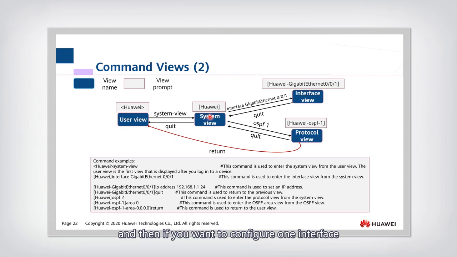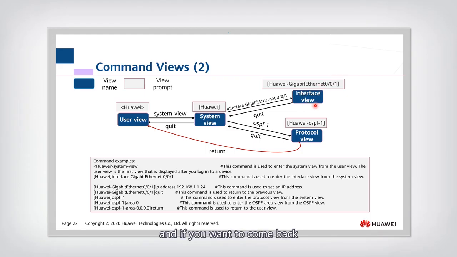If you want to configure one interface, you need to go into the interface view by inputting the interface name. Here, if you do some configuration, the configuration is not for the whole system, but only for this interface.